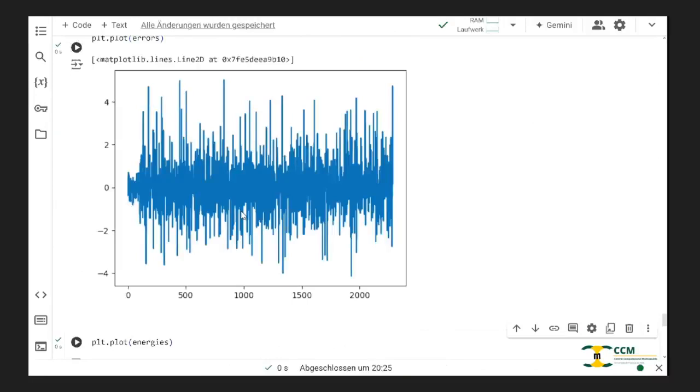Okay. Not wide enough. But what you can already see is something peculiar. Errors went down, yes, but something funny happened.